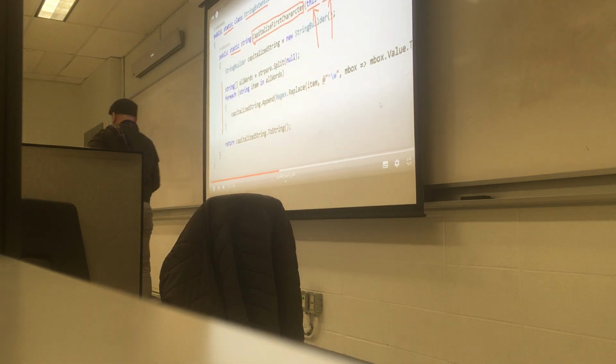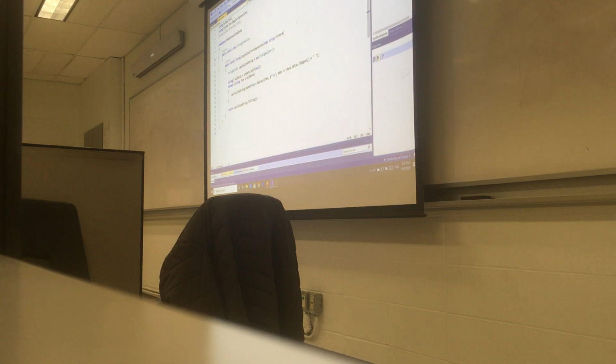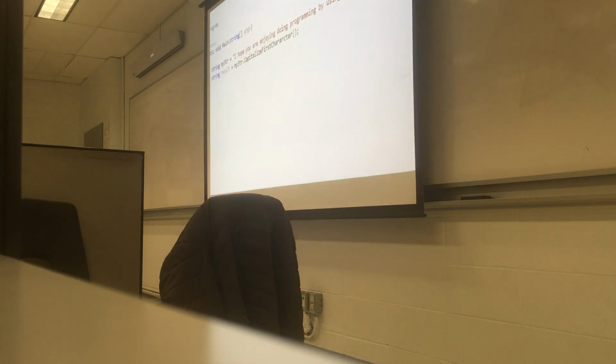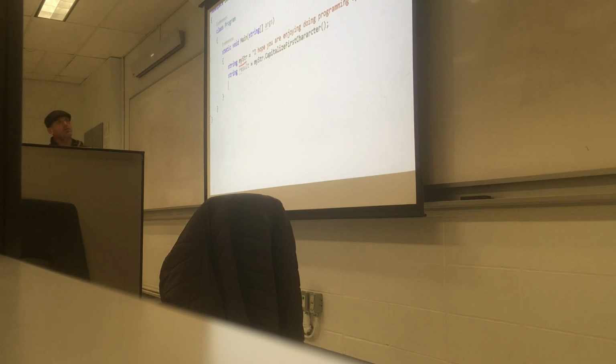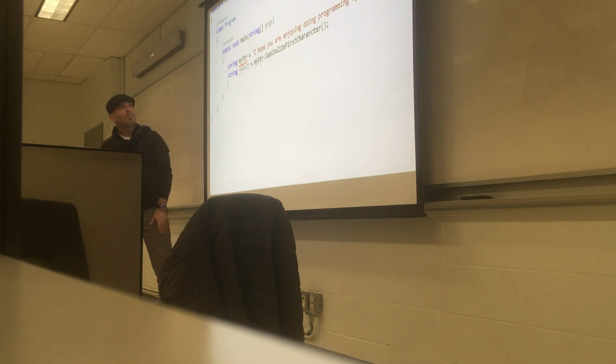The action of this method is quite straightforward, and I believe I do not need to go into details. So now let's go back to the main method. I instantiate one object from class string, and then I invoke capitalize.